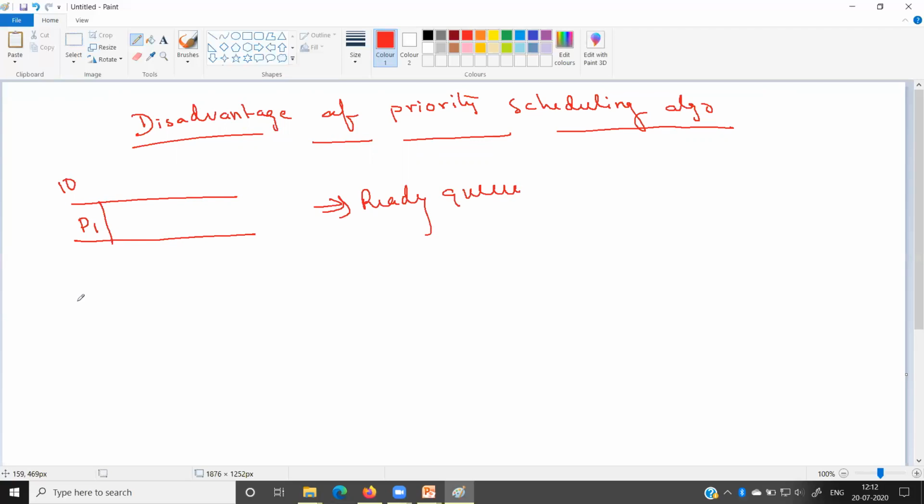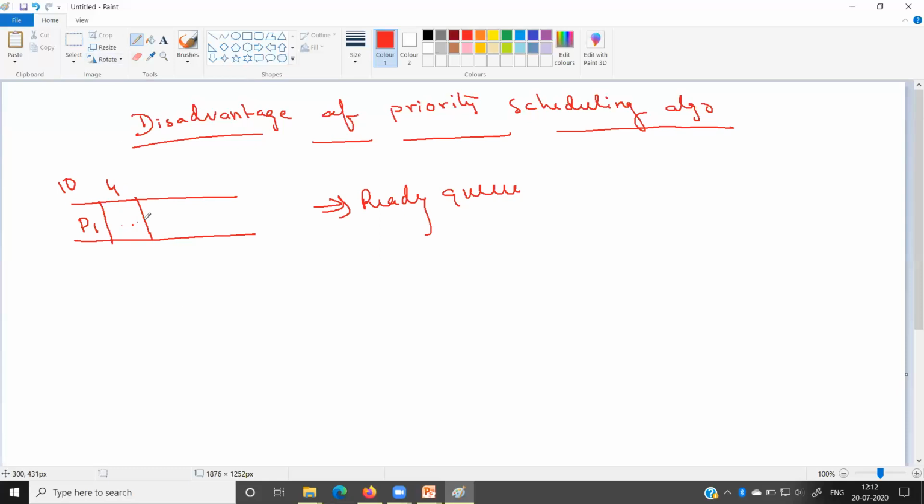We assume that the lowest value has the highest priority, that means small value, higher priority. At the same time, another process P2 arrived with priority 4. So definitely P2 will get the chance for execution. P2 will be assigned to the CPU first and removed from the ready queue.